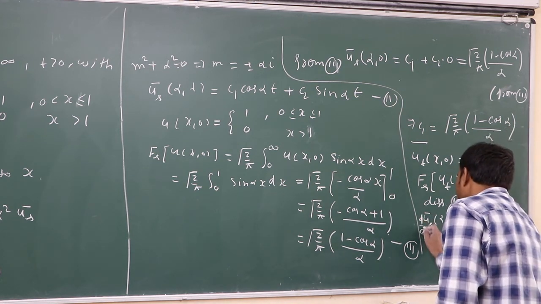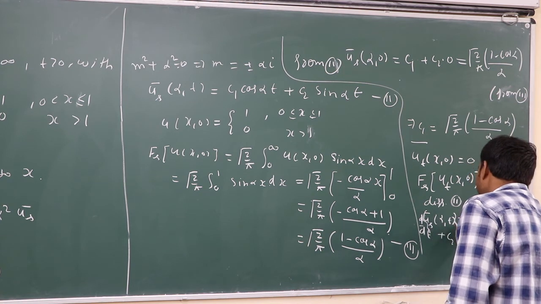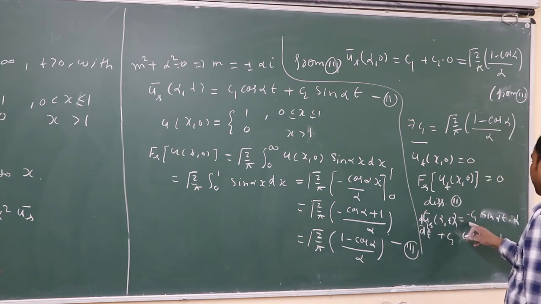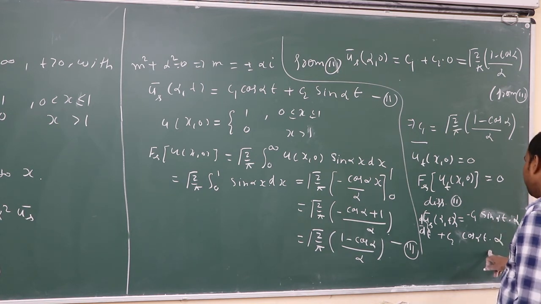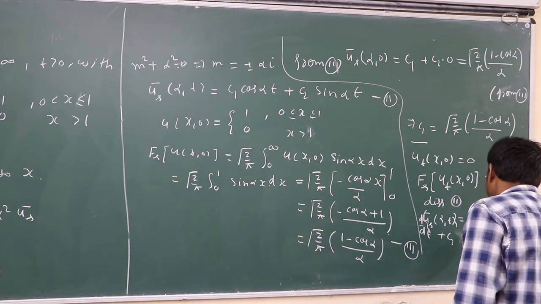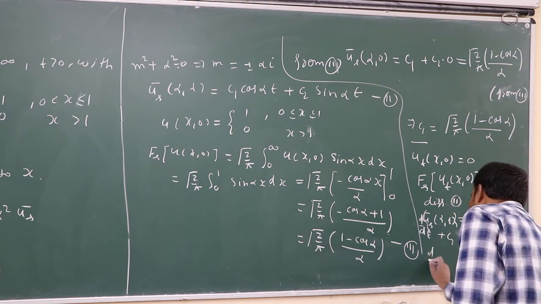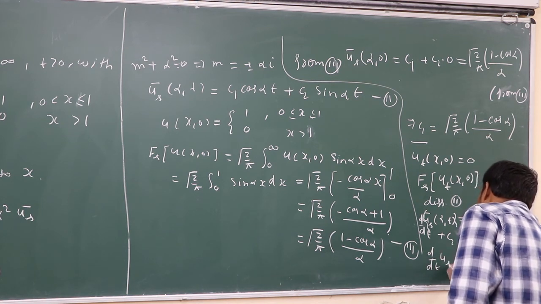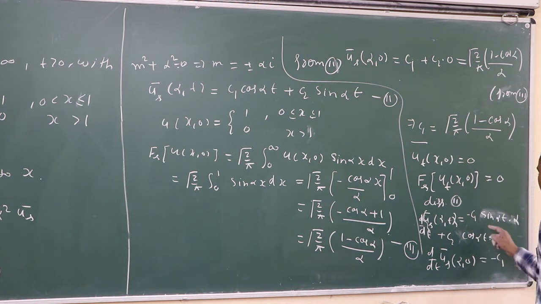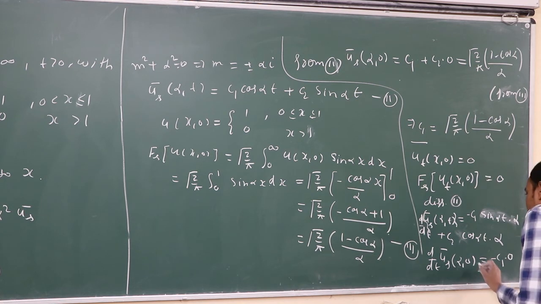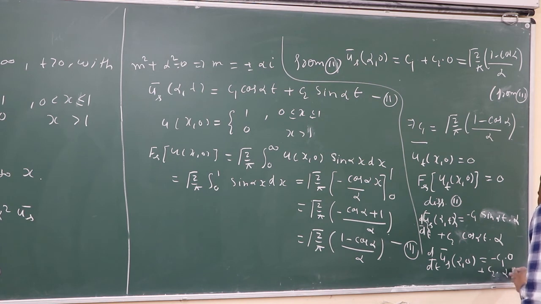At t equal to 0, d u bar alpha 0 upon dt equal to 0 plus c2 alpha into cos 0, which is 1.